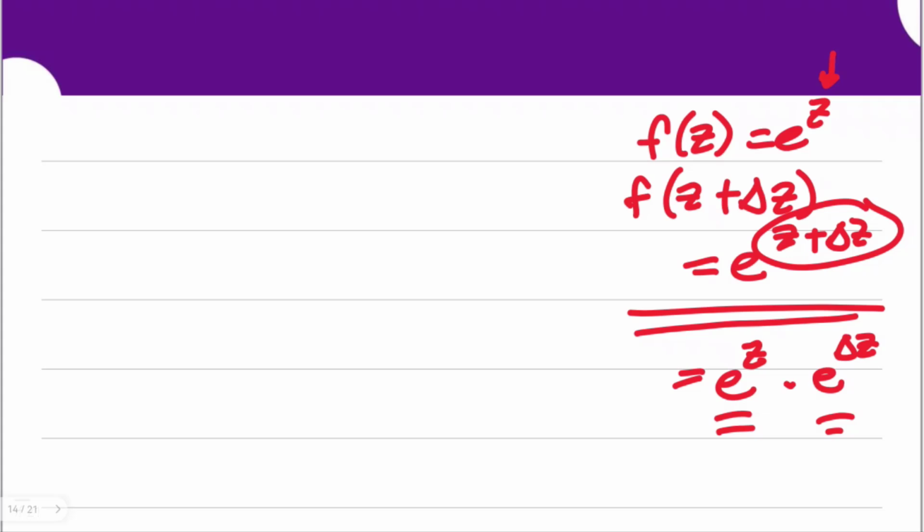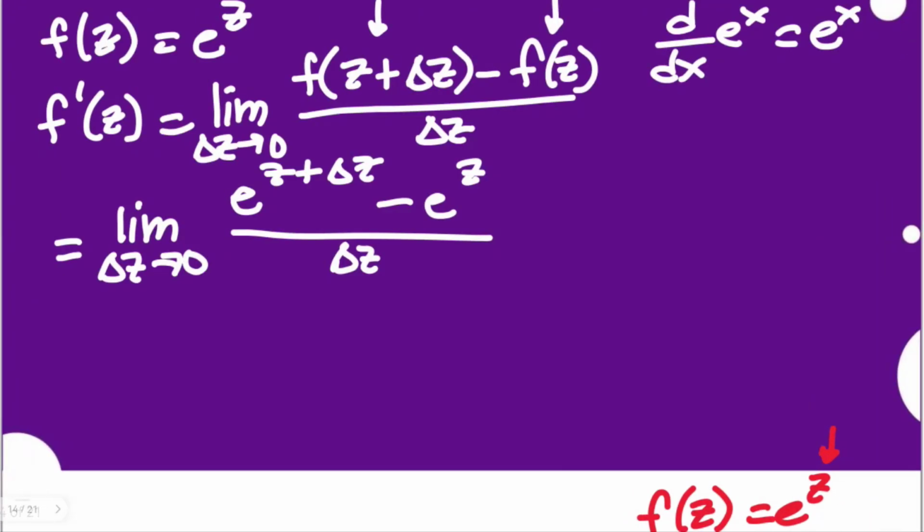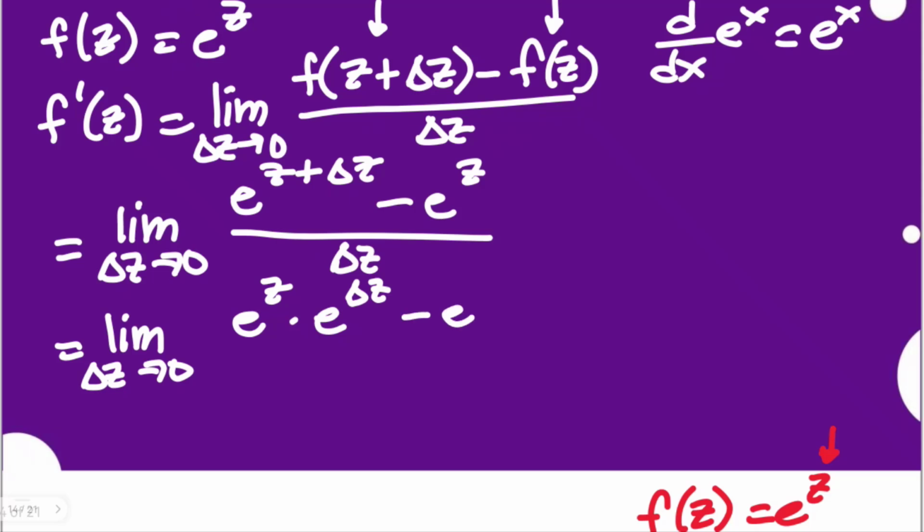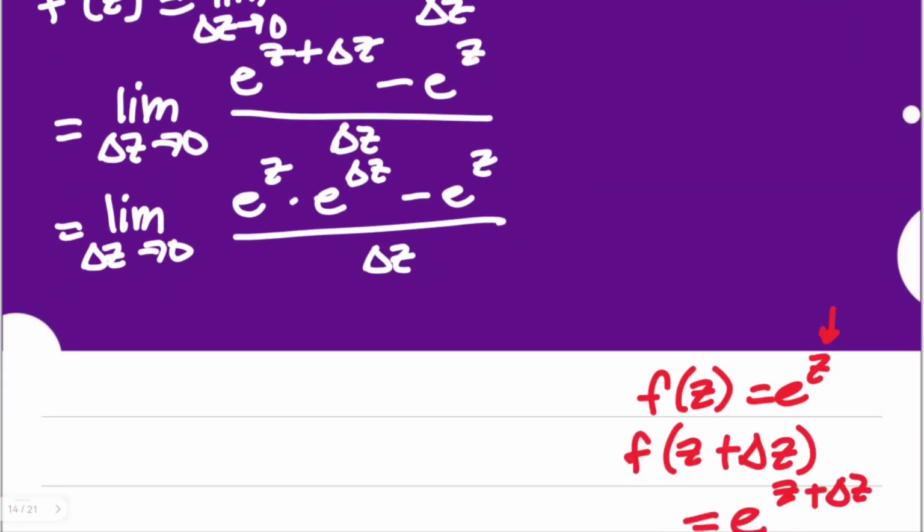So similarly, we're going to apply that here. We're going to break the first term of our numerator. This is still the limit. So this will become e to the power of z times e to the power of delta z minus e to the power of z over delta z. Again, let's continue. What we need to do next is to factor this one here, because it is found in both terms of your numerator.